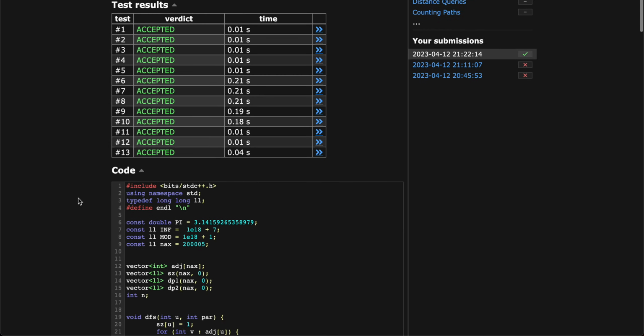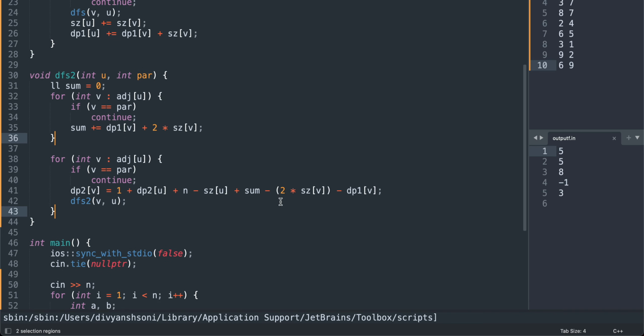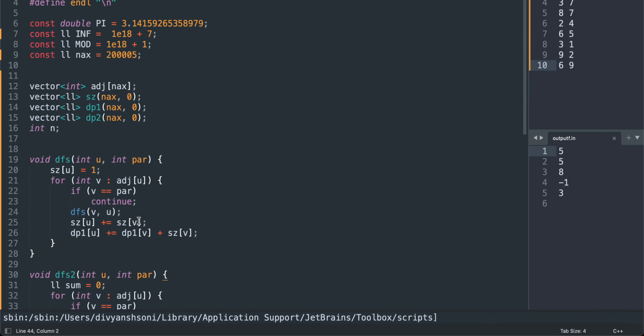Wow, it worked great. I think I was missing this one. Yeah, that's why answer was less. I got where this one is coming from. That parent I never saw. Nice question, by the way. Okay.